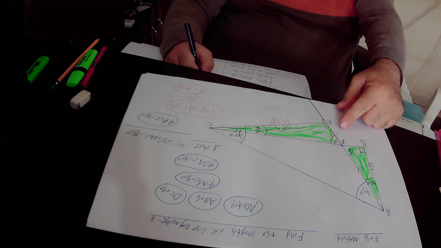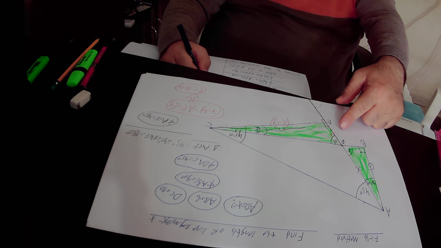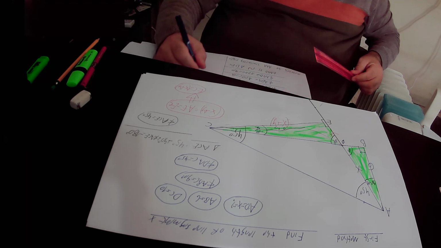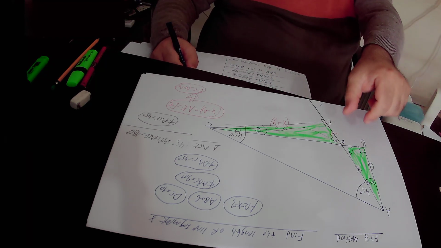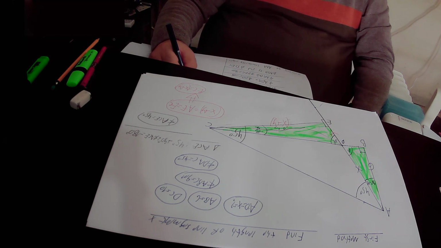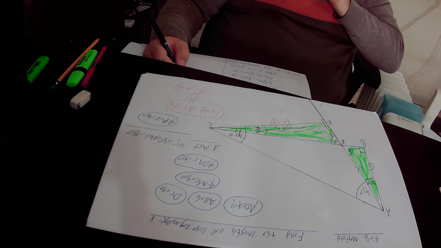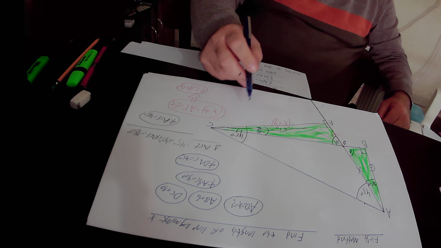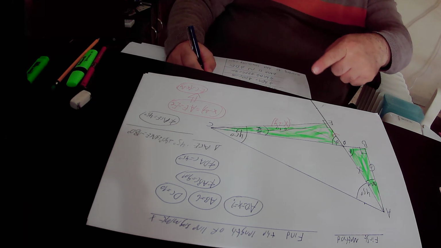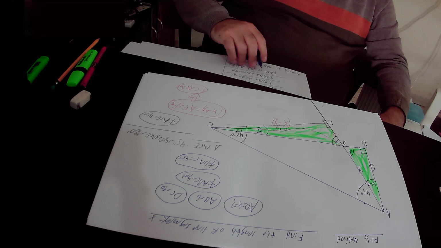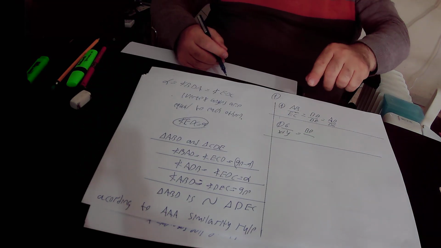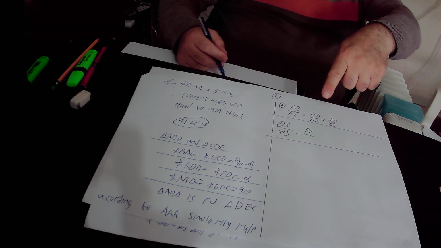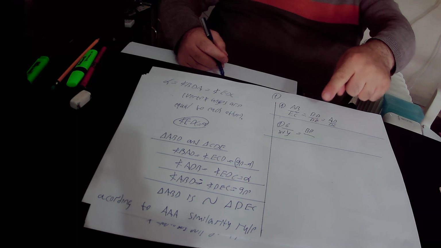EC equals Y according to our definition, so we substitute EC by Y. And it is equal to BD over, here actually EC equals X plus Y, so we substitute EC by X plus Y. Here AB equals 6, EC equals X plus Y, and it is equal to BD over DE.